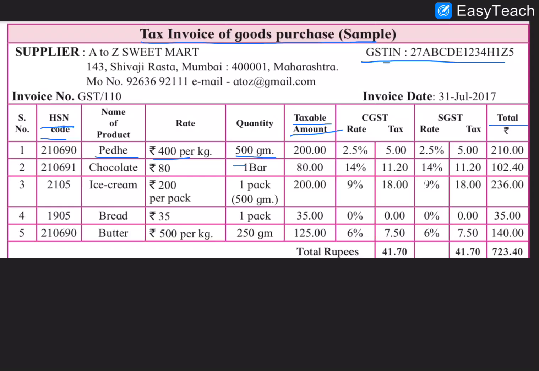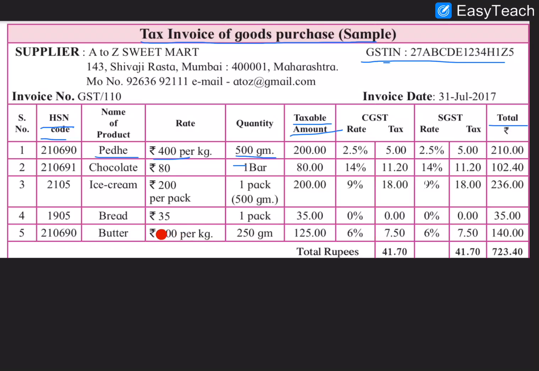And the next is chocolate. 1 bar of chocolate is 80, so the taxable amount is 80. 1 pack of ice cream is 200, so the taxable amount is 200. 1 pack of bread is 35, so the taxable amount is 35.